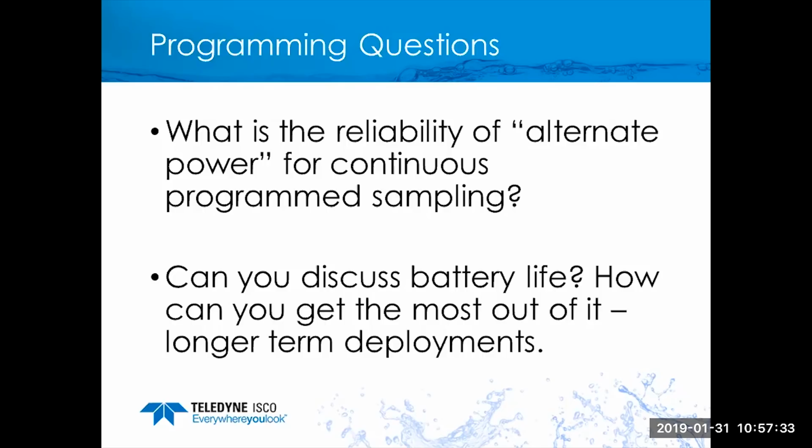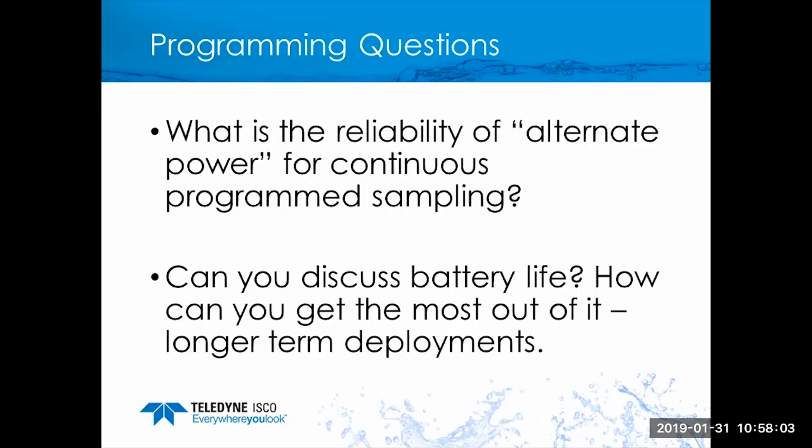The more the capacity of the battery, the longer it's going to be able to power the system. The smaller the capacity, the less time it's going to be able to power the system. The next thing is programming and configuration selections are critically important when it comes to battery life, because how you program that sampler will have a tremendous impact on the usage of that battery.